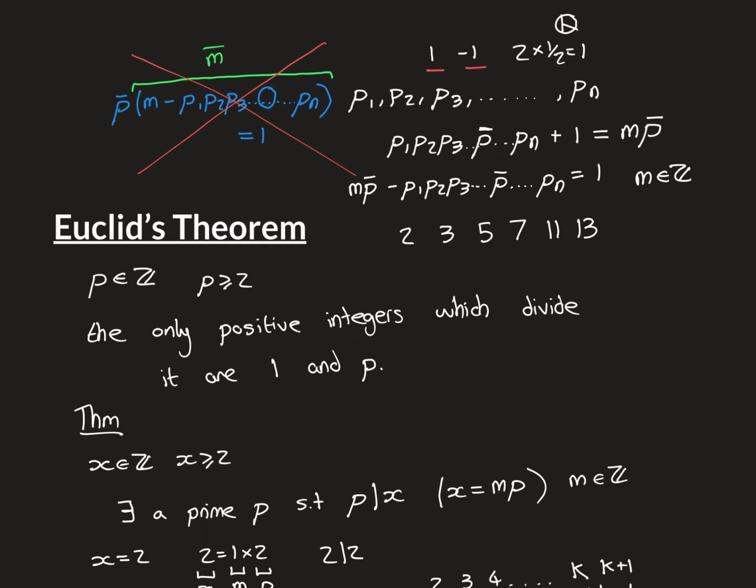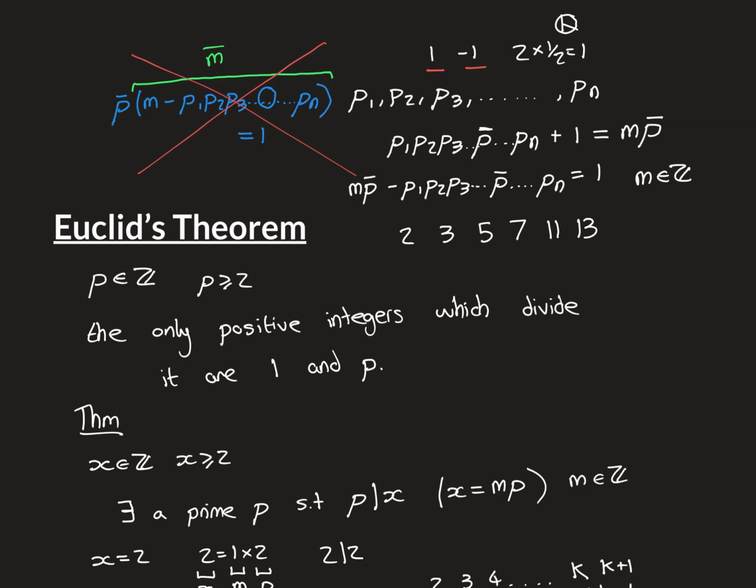But this is not good at all, because p bar is some positive integer that is greater than or equal to 2 by the very definition of it being a prime number. So we've got some integer that's at least 2 being multiplied by another integer to get 1, but that's nonsense. We know that all of these positive integers, 2, 3, 4, 5, 6, 7, 8, 9, 10, don't have multiplicative inverses in the integers.